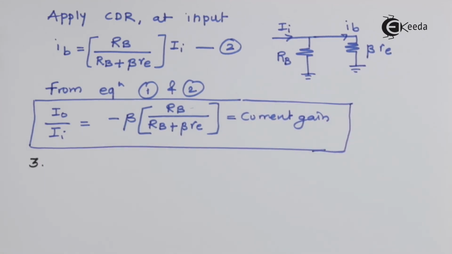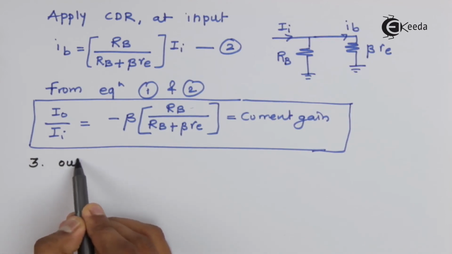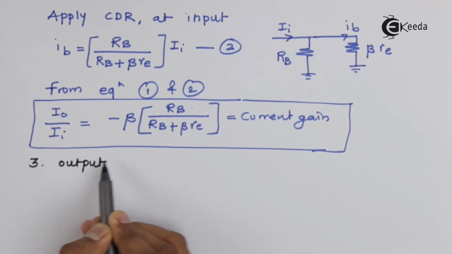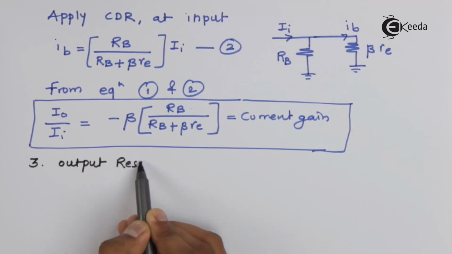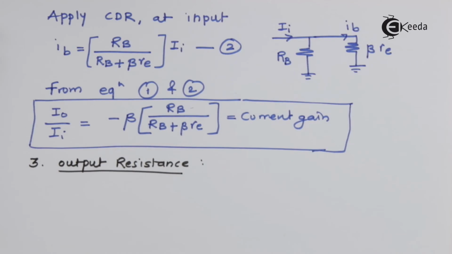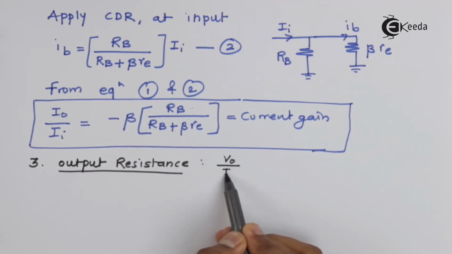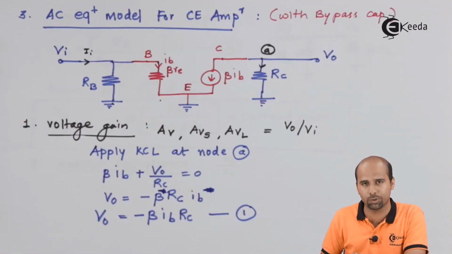Third parameter that we have to find out is output resistance. This output resistance is simply VO divided by IO. A simple trick I'll give you from AC equivalent model.